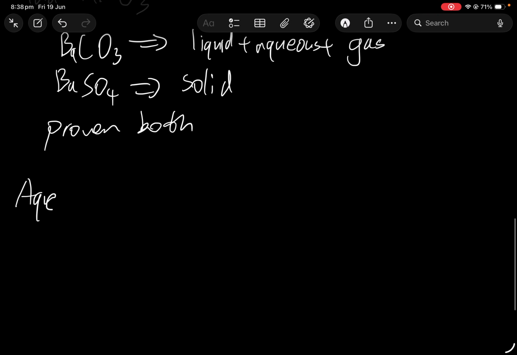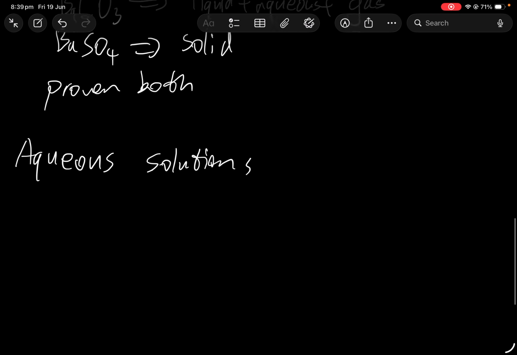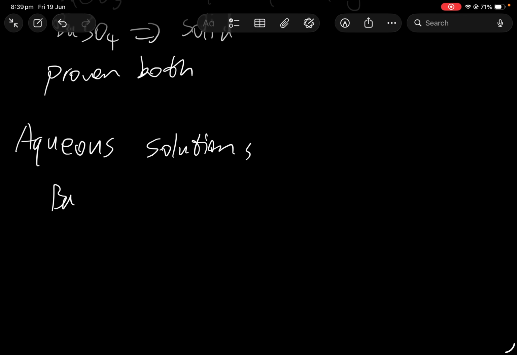So we've proven half of it, so we need the other two aqueous solutions, and those include barium nitrate and barium chloride.